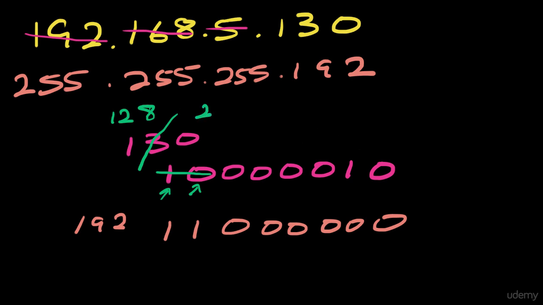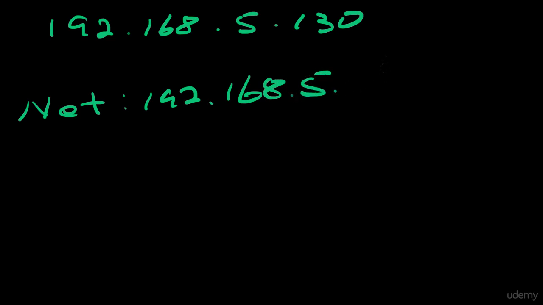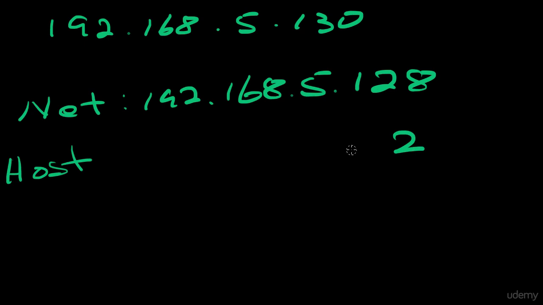To make this clear, let me rewrite this. The IP address is 192.168.5.130. What's happening is the network ID is going to be 192.168.5.128, and the host ID is 0.0.0.2.